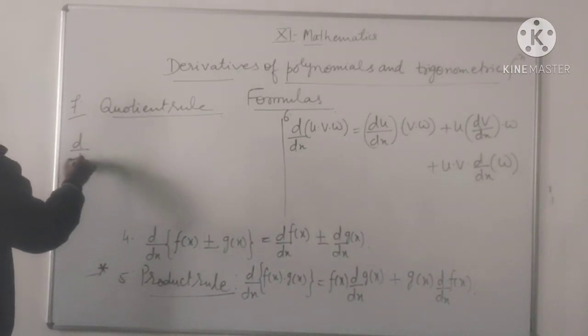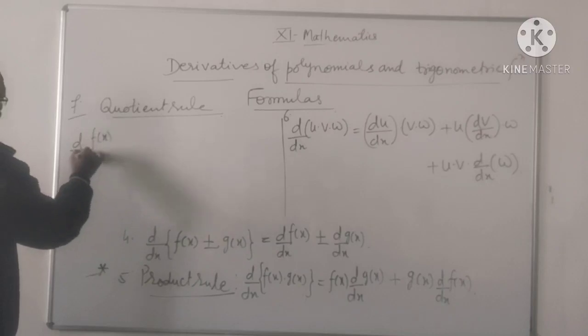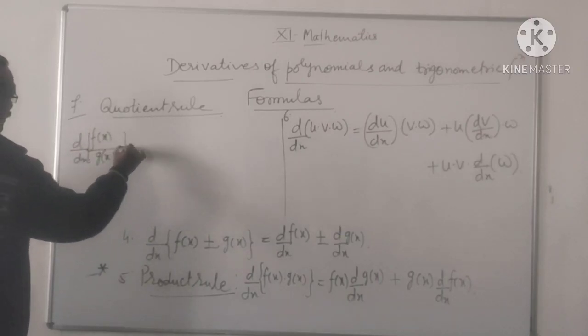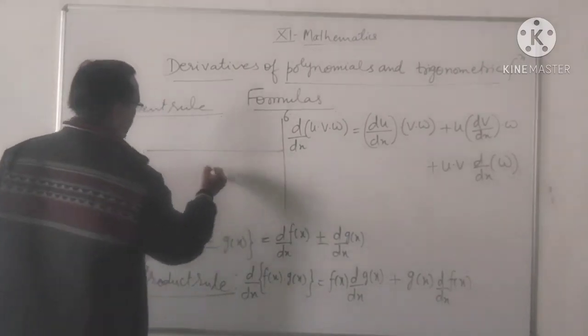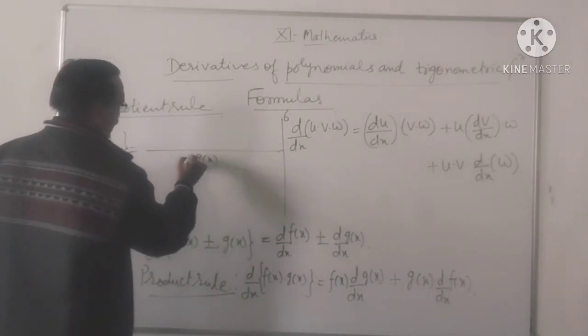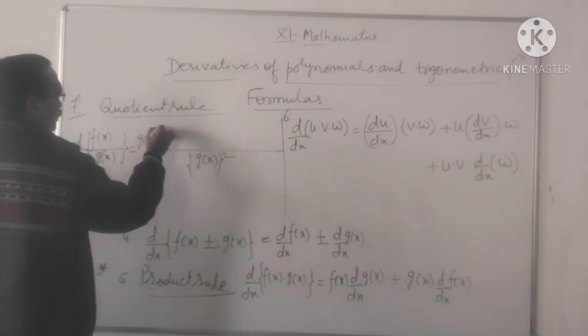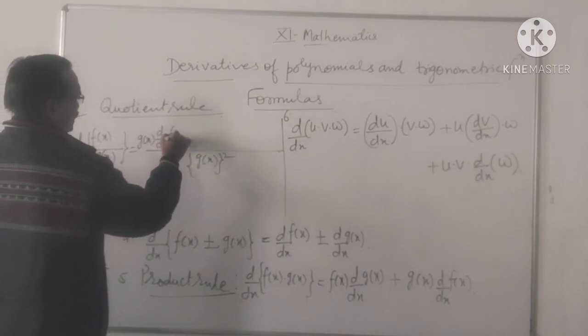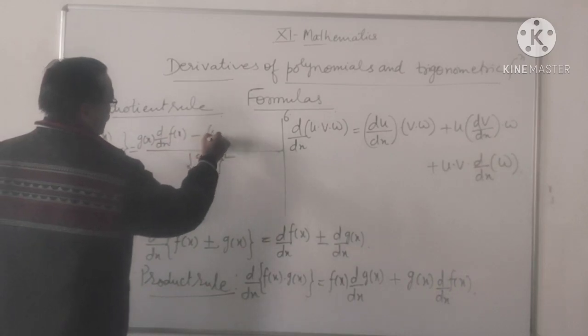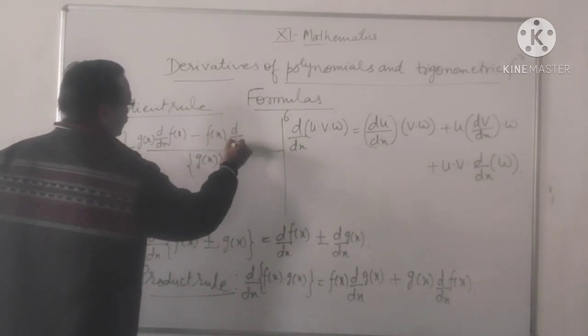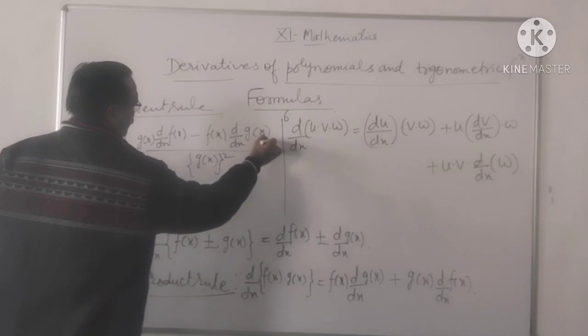D over dx of fx upon gx. It is gx whole square, here gx as it is, d over dx of fx minus fx as it is, d over dx of gx.